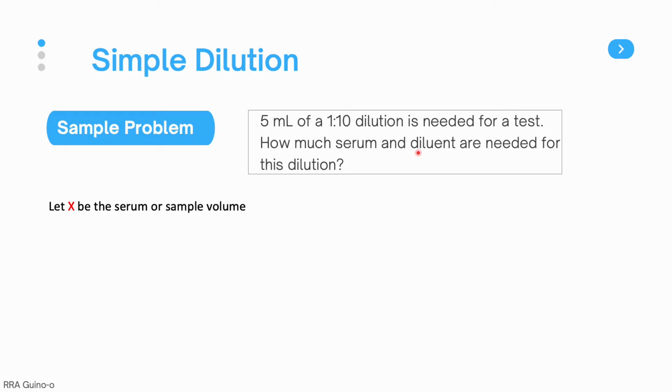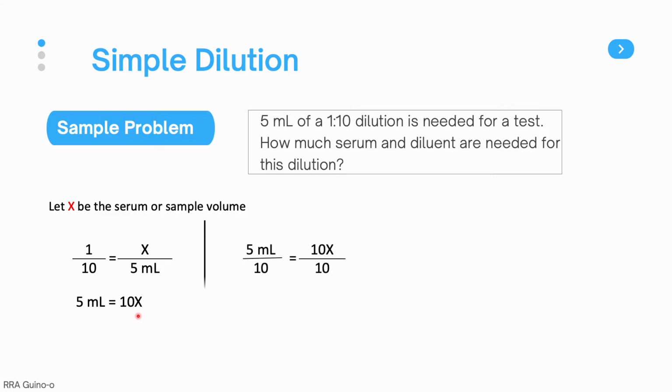Okay, let's check out the answer. First, we have to cross multiply 1:10 and X over 5 ml. In this case, 5 ml here we know is our 10 parts of the total solution. So we cross multiply that. We come up with this equation: 5 ml is equal to 10x.